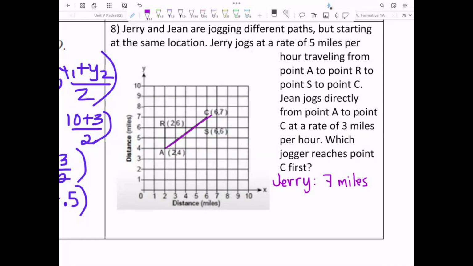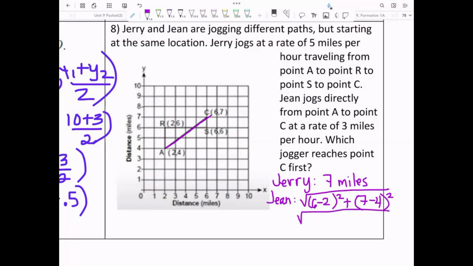So we are going to use our distance formula. And remember, distance is kind of like the Pythagorean theorem. We're doing a squared plus b squared. But to get our a and our b, we just subtract our x's and subtract our y's. So we'll subtract our x coordinates, subtract our y coordinates, and we'll see how far Jean went.